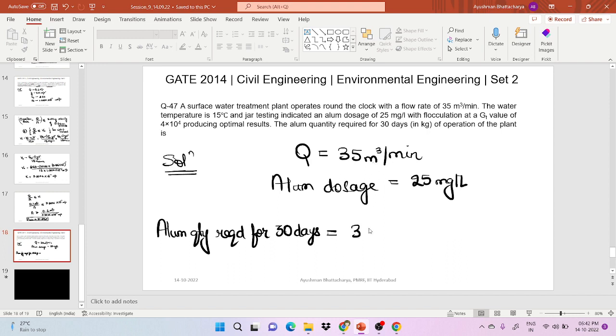So basically 35 into 24 into 60. Now it came out in terms of meter cube per day. The total number of days is 30, so we will multiply it by 30. And for the alum dosage required, it will be 25, 30.